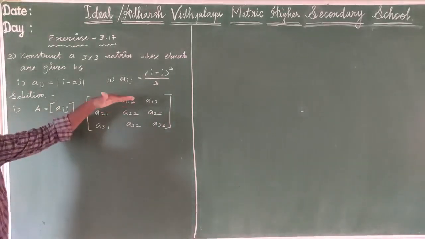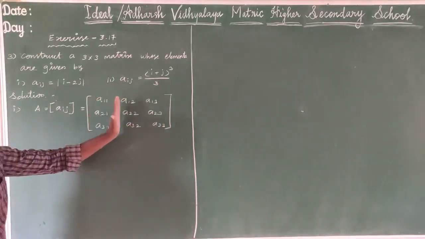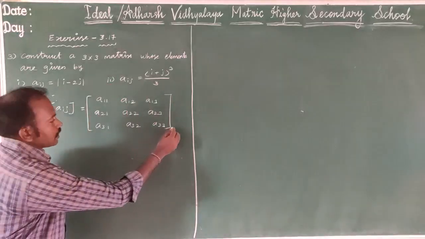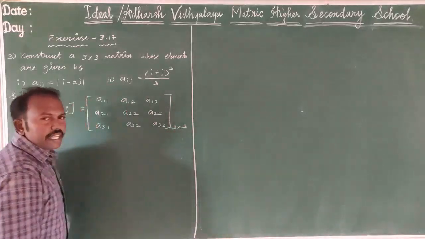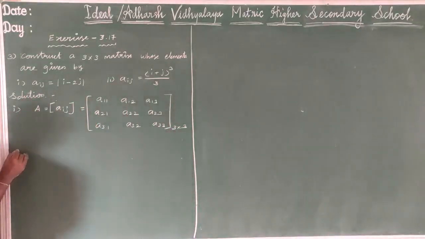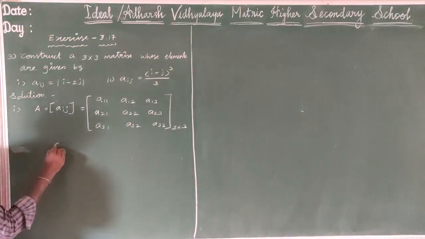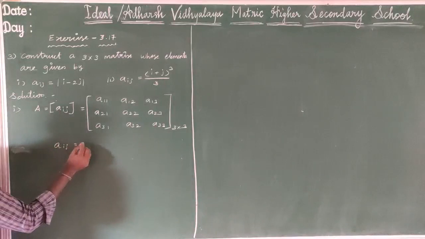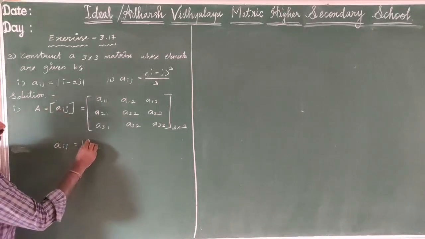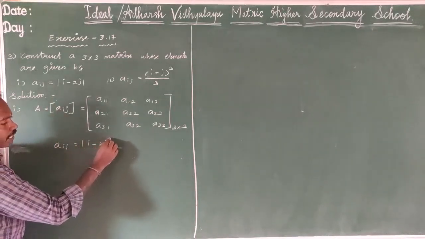Here 1, 2, 3 rows, 1, 2, 3 columns. That is 3 by 3 matrix. Here given Aij is equal to modulus i minus 2j.